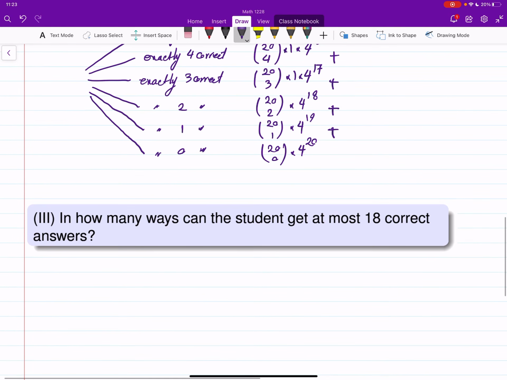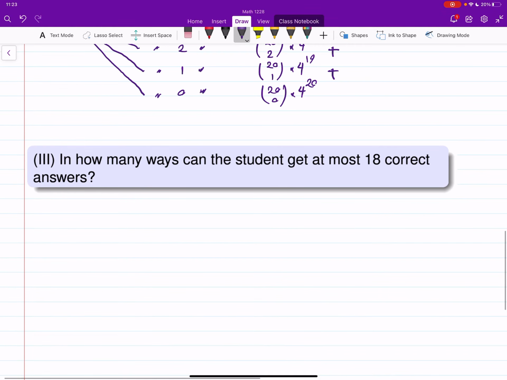In how many ways can the student get at most 18 correct answers? At most means none, 1, 2, up to 18.